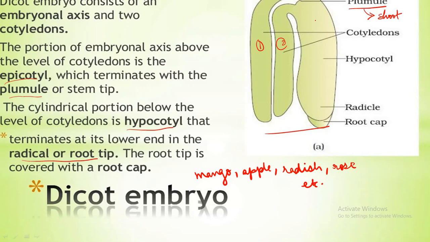The cylindrical portion below the level of cotyledon is the hypocotyl, which terminates in the radicle, also called the root tip. From the radicle in future, the roots will be developed. The root tip is covered with a root cap. So this is the structure of the dicot embryo.